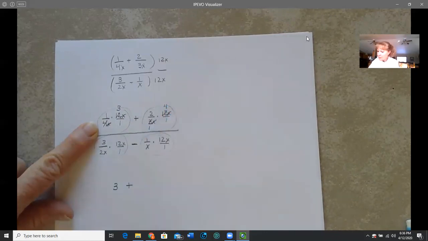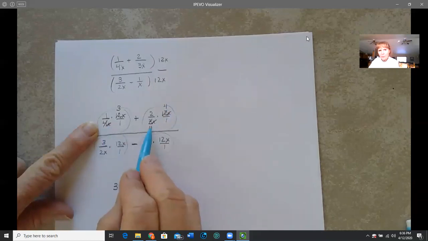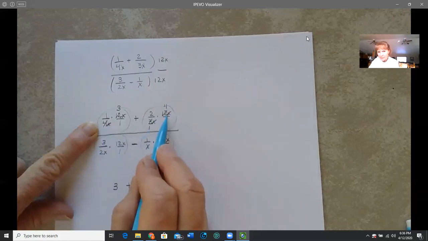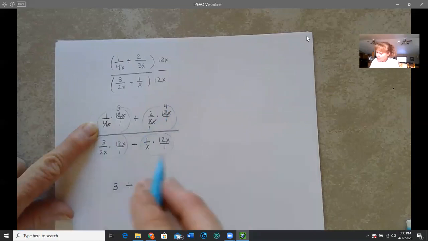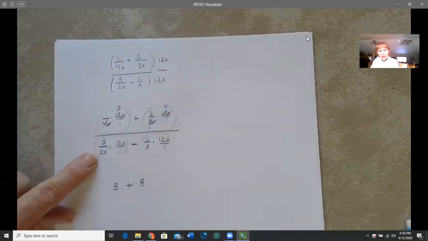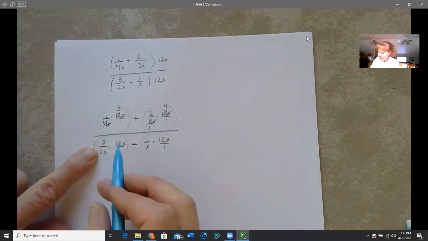And again, your denominator should always disappear if you're multiplying by the correct least common denominator. So we end up with 3 plus 8. 2 times 4 is 8. Let's go to the next fraction that we're multiplying.